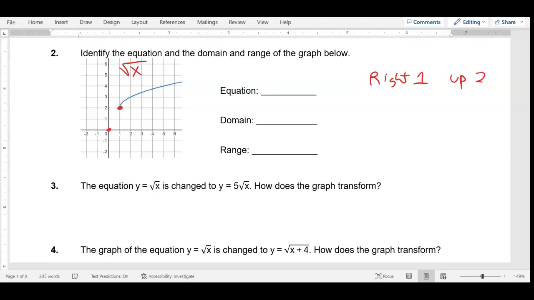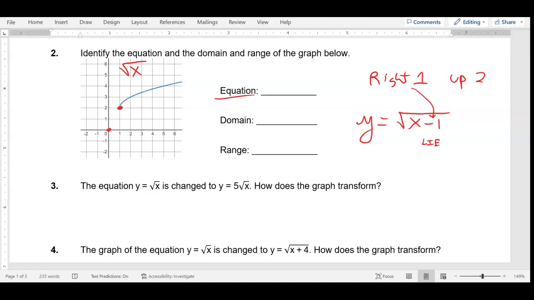Now, to get the equation, we have to remember it's y equals square root of x. Now, if it's going to be right 1, then we're going to put a number here. And remember, insiders lie. So if it's right 1, we're going to put -1.